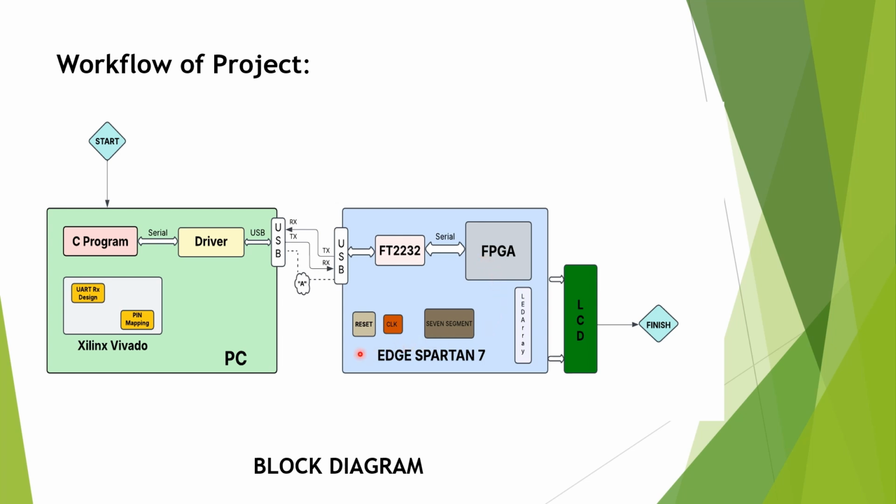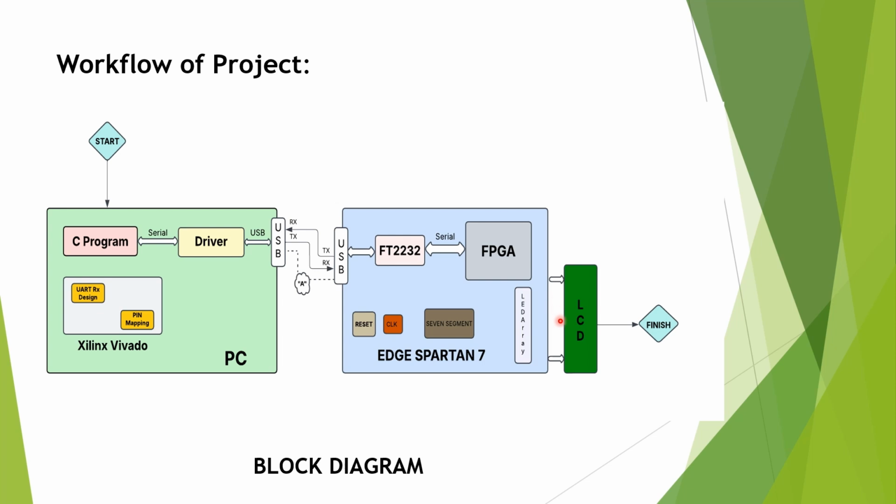Now the next step is data processing in the FPGA. Once the FPGA receives the serial data, the UART receiver inside the FPGA decodes the incoming character that we are sending via the C program. The received data can be processed and used for display. Additionally, the FPGA can send an acknowledgement signal back to the PC if needed.